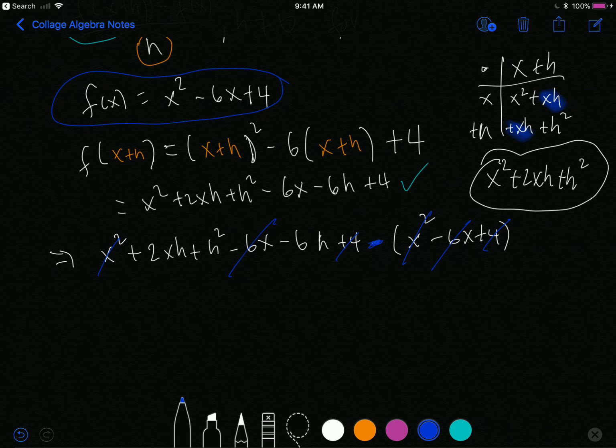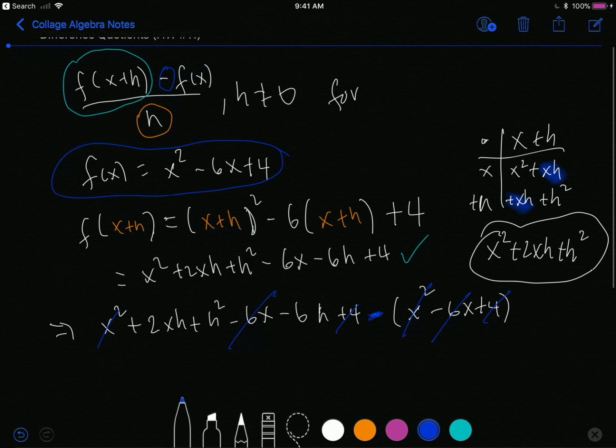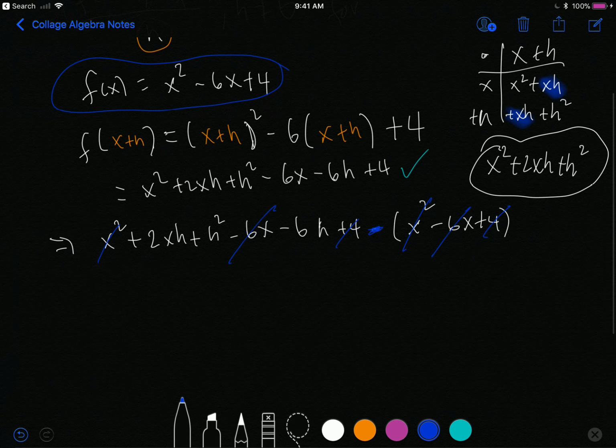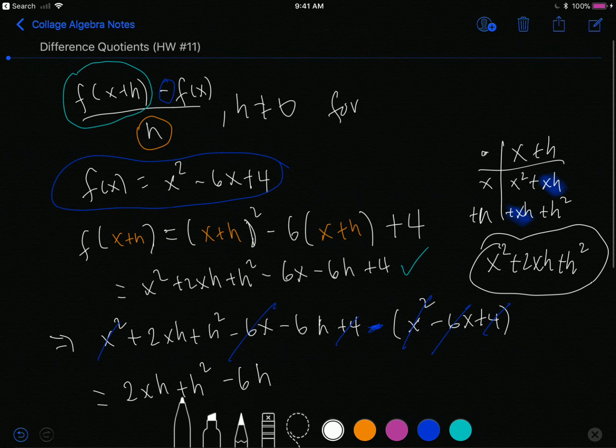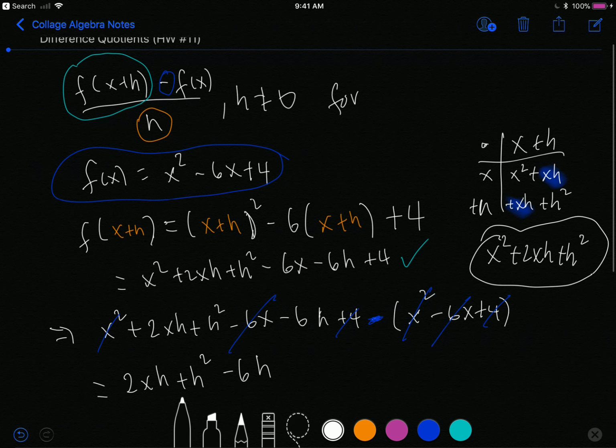If you've done this process correctly, when you're subtracting out f of x on step 2, you should be left with only terms that have h in them. That will leave you with 2xh plus h squared minus 6h. That reminds us of the last step, which is to divide by h.